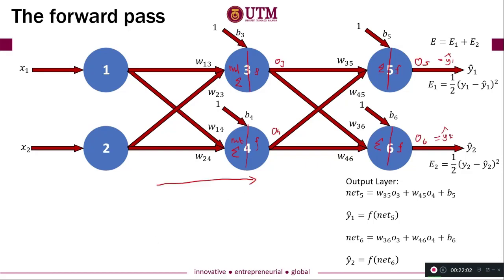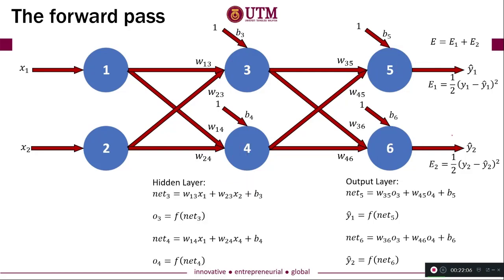Then if I summarize the forward pass, these are the equations that happen at the hidden layer. This is what you compute. Once you know this one, then based on this result, you will use the result to compute this one, because O3 is here, O4 here.